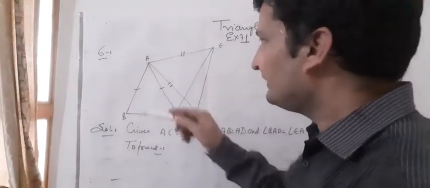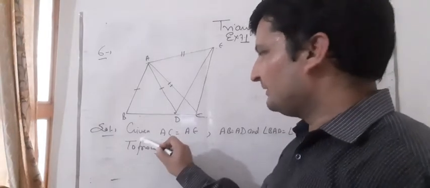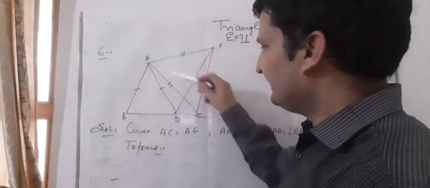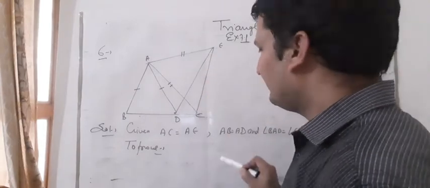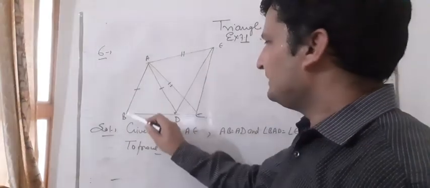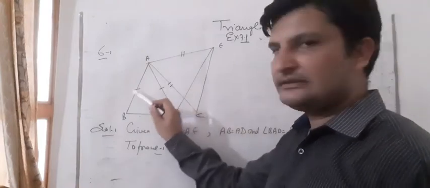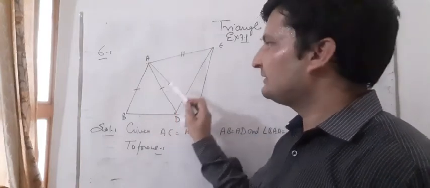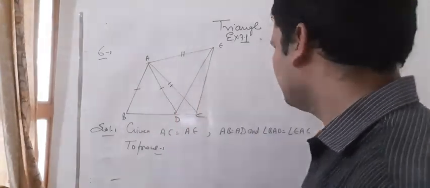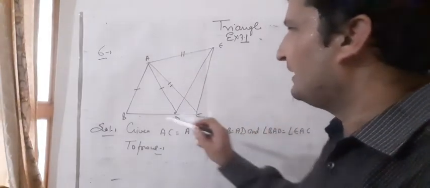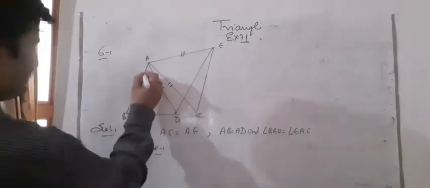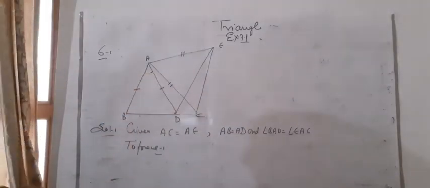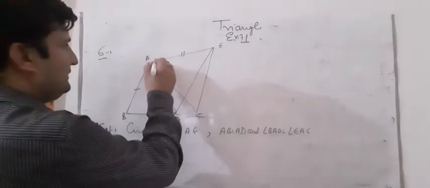It is given that AC is equal to AE, and in second AB is equal to AD. Similarly, these two lines are equal to each other, and angle BAD is equal to angle EAC.